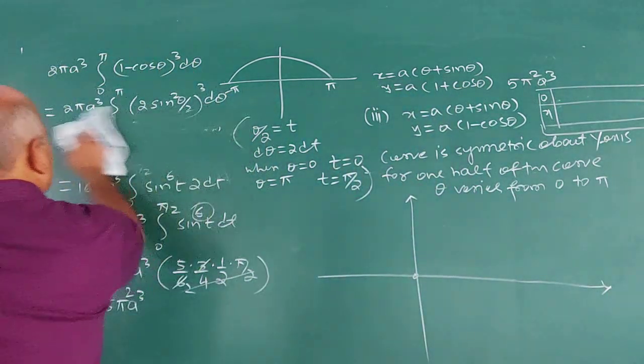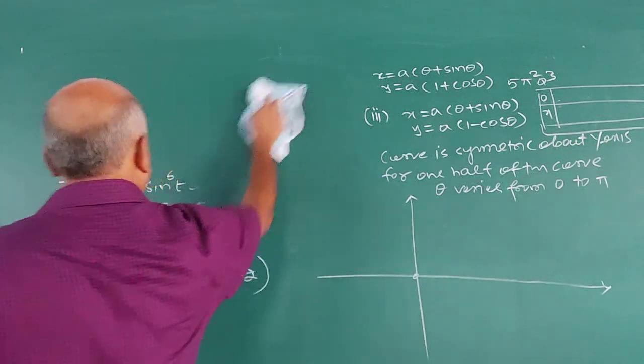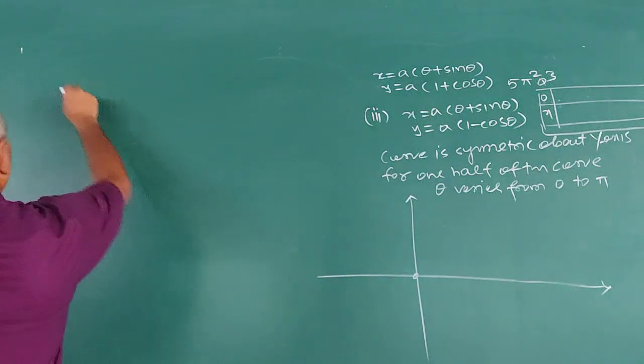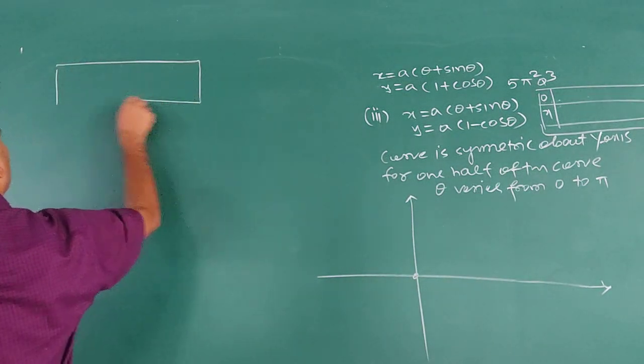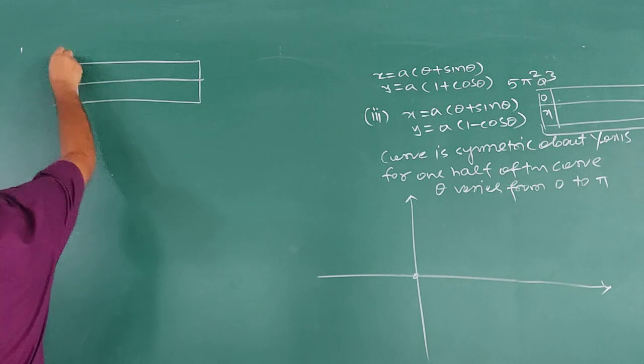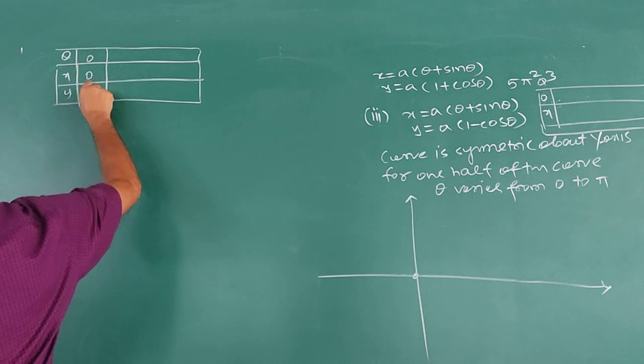Take the values theta, x, y, and see how x varies. When theta is 0, x is 0, y is 0.